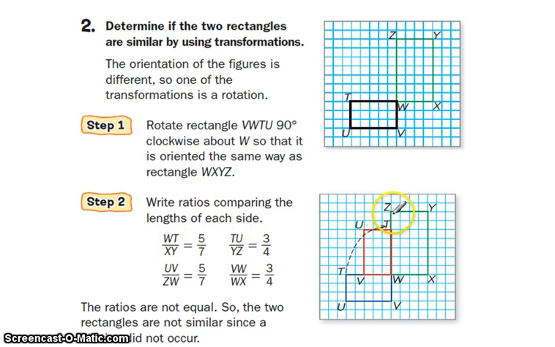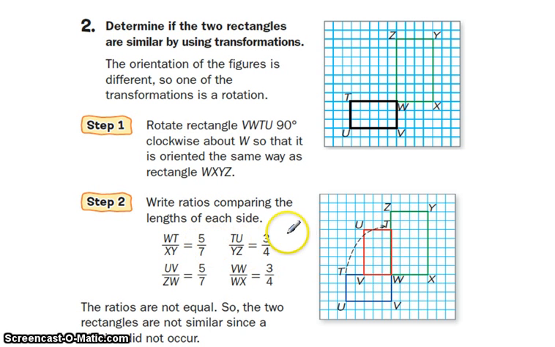So they're saying WT, here's WT, and it's going to correspond with XY. XY has a length of 7. WT has a length of 5.